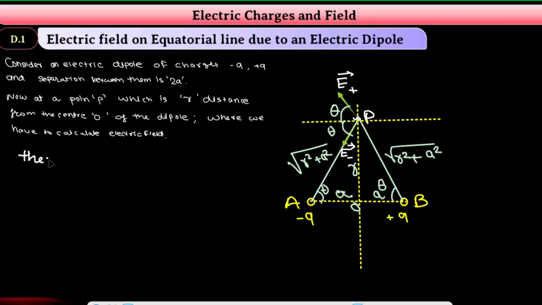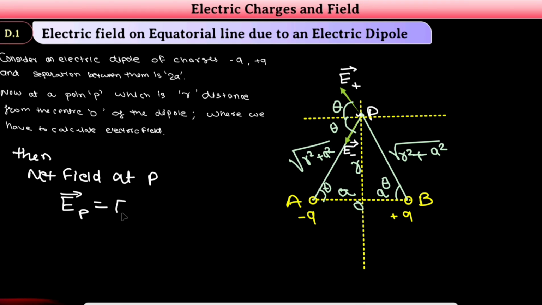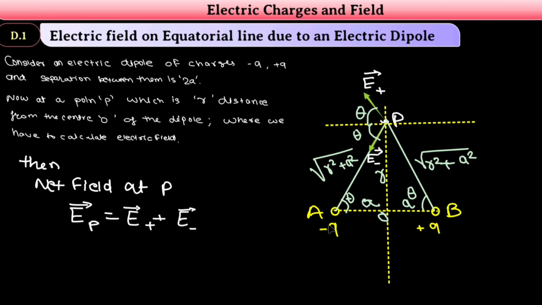Then net field at P will be EP is equal to E plus vector plus E minus vector. Since the distance and the magnitude of charge are also same, the magnitude of these two field vectors will be equal.